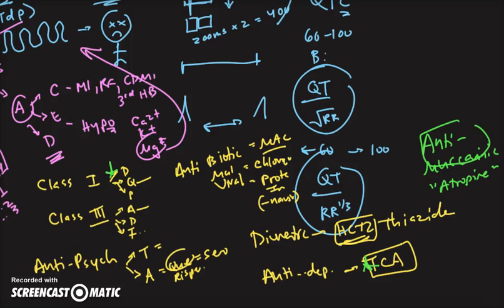Class 1 have antimuscarinic effects. The antipsychotics have antimuscarinic effects. So for these classes, this is the reason why they prolong QT. Okay, it's the antimuscarinic effect that's in them. I'm not exactly sure why. We're going to have to go over that later.